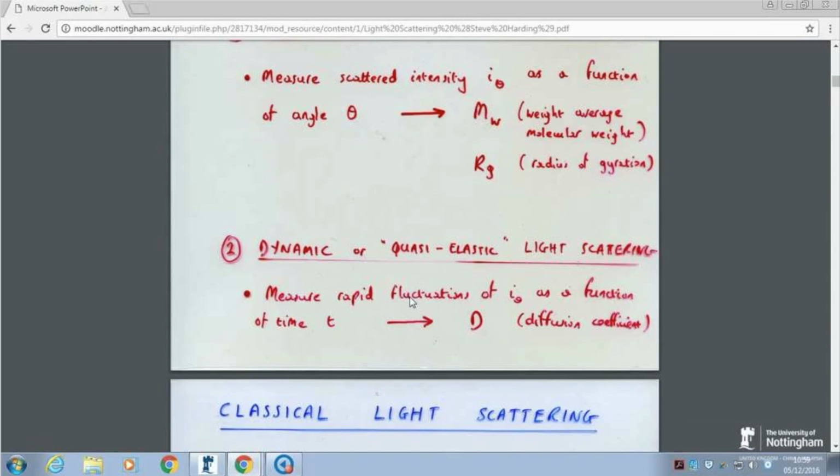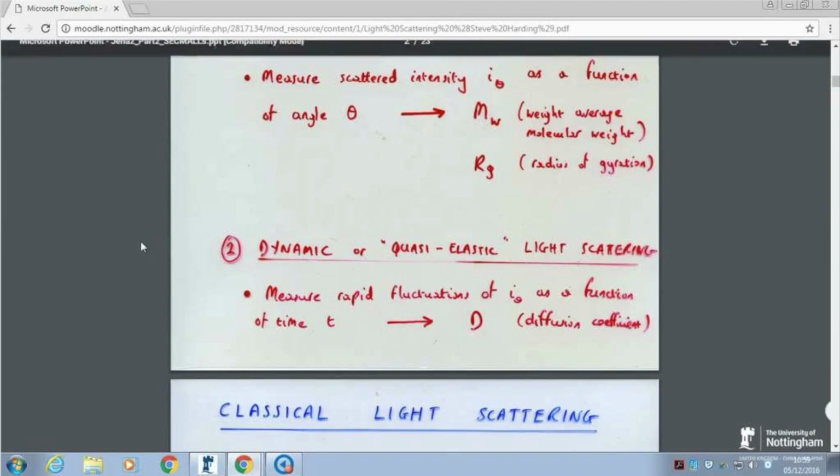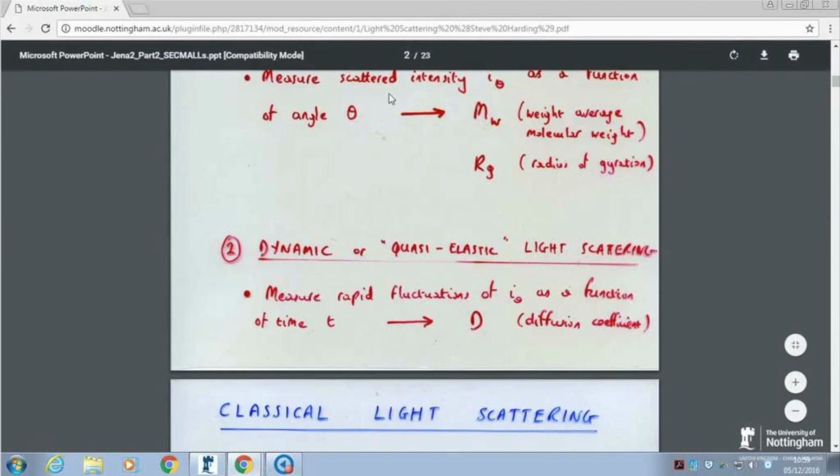If something starts to grow, then DLS is a good probe for that. So it's a good check for protein crystallization. It's also relatively inexpensive compared to MALS and ultracentrifugation. So this is extremely popular.